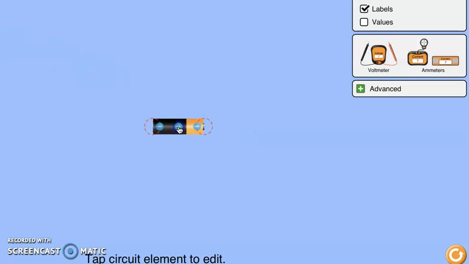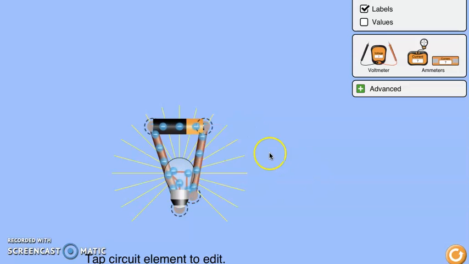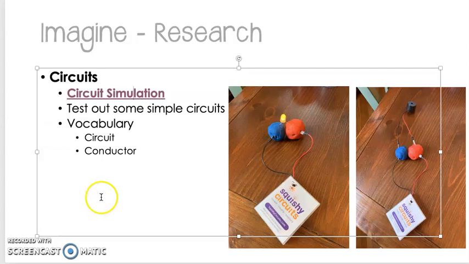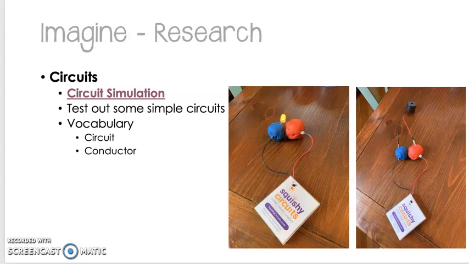If you go into the lab, you can add a battery and a light and show them where the wires go to make the light bulb light up. So it's a great first step to circuits. And then I would have them play around with some circuits, making a simple circuit with the squishy circuits and making the light go on or making the buzzer ring.